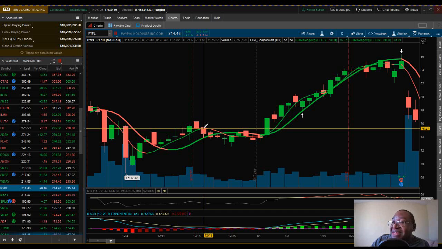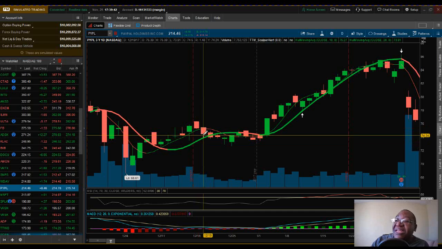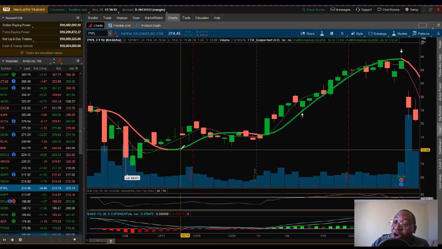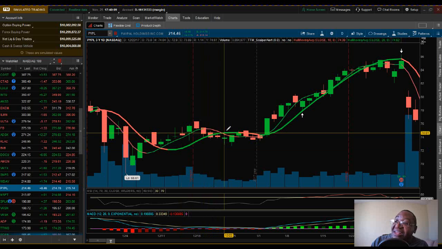I could do that, or I could say, let me wait for the 20 to give me confirmation, because as you can see, it's still green. Right? Keep in mind, the 20 is a slower one, so it's looking at a longer time span than the 10 is. That is the difference between the two. They're still moving averages, but the 10 is looking at a shorter time span, while the 20 is looking at a longer time span, which is why you see the difference here, right?